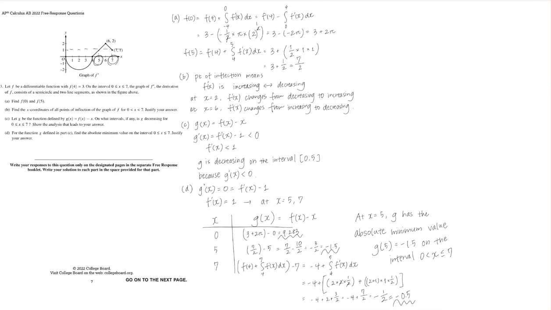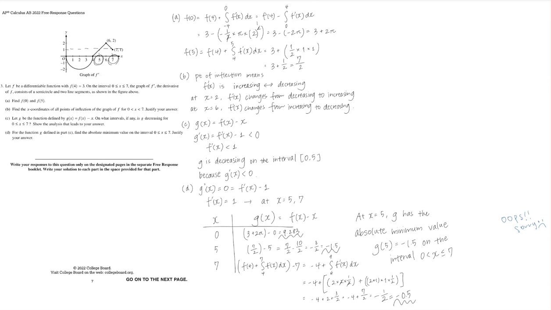So as the answer, I would say at x equals 5, g has the absolute minimum value, g of 5 equals negative 1.5, on the interval 0 to 7.